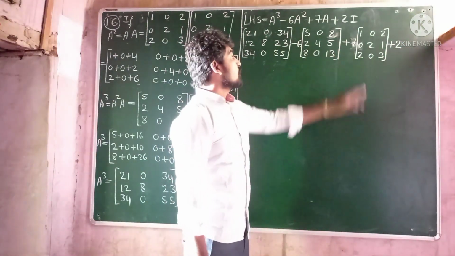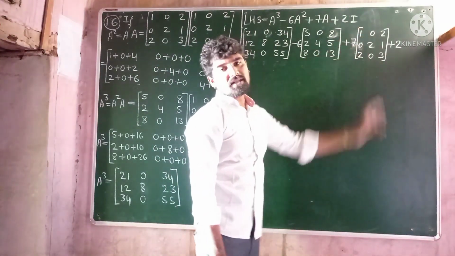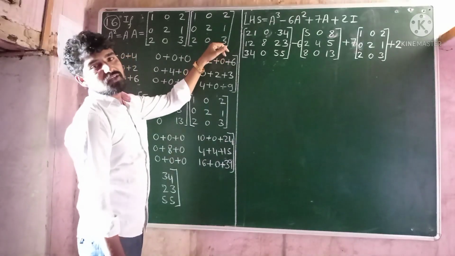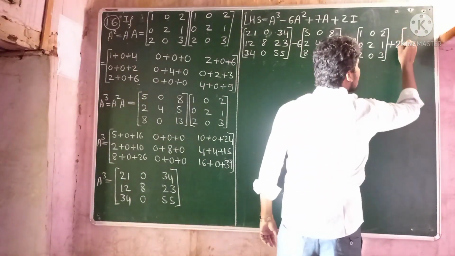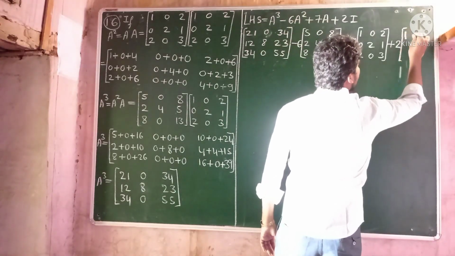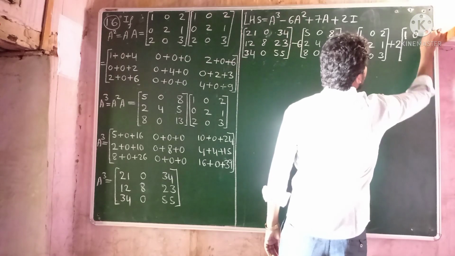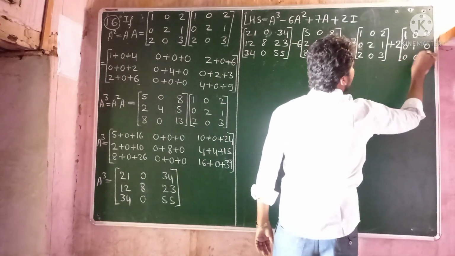As you already know, I is the unit matrix, and the order of this unit matrix is the same as the order of the given matrix A. Therefore, I is a unit matrix of order 3 cross 3. The unit matrix is given by 1, 0, 0, 0, 1, 0, 0, 0, 1.